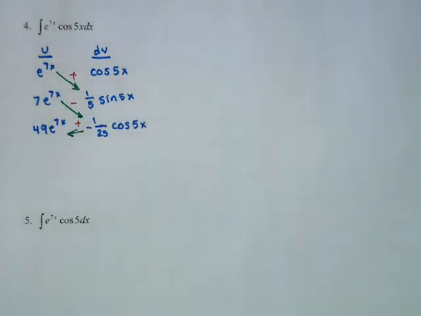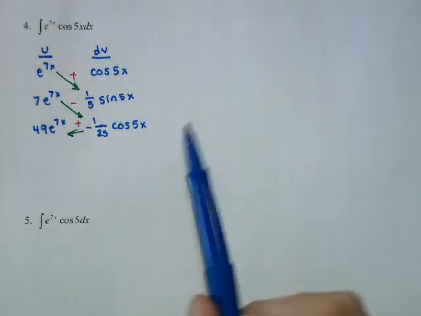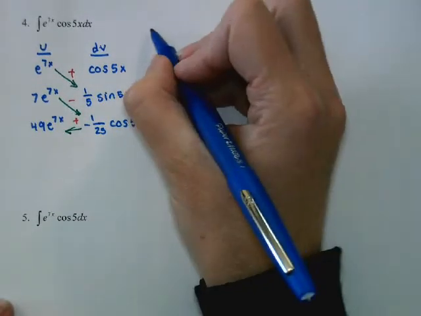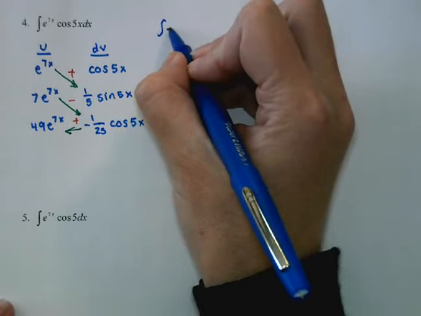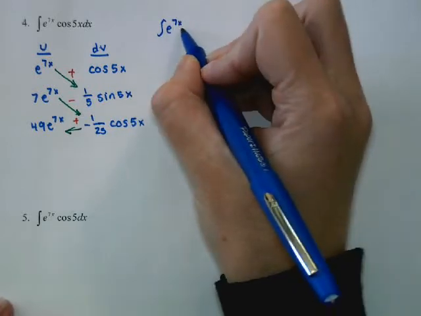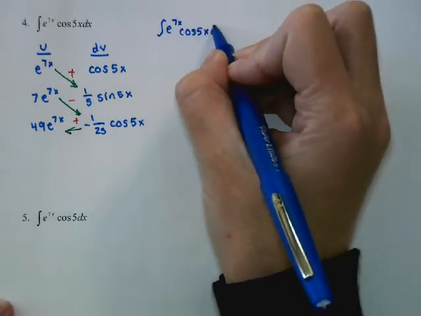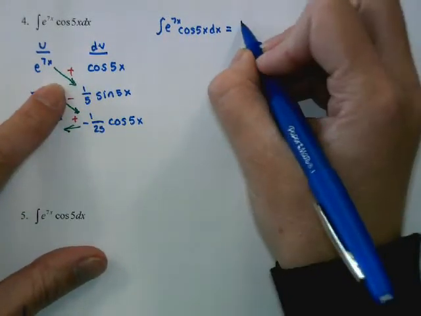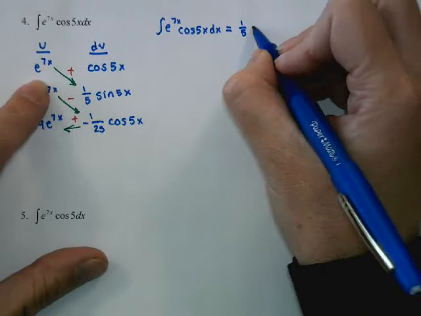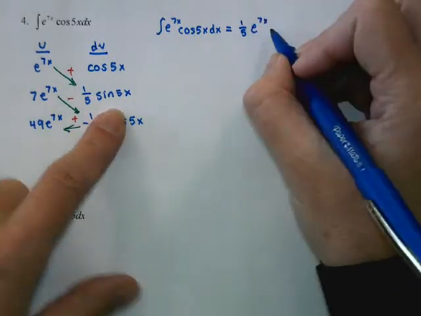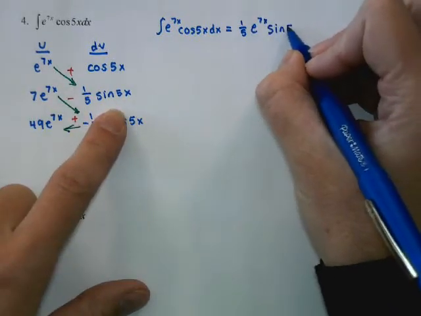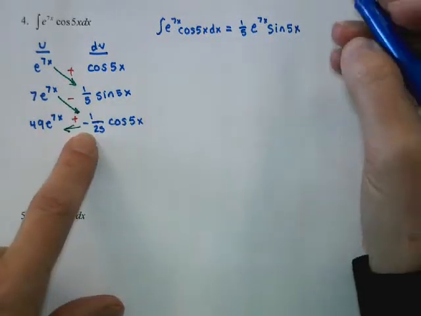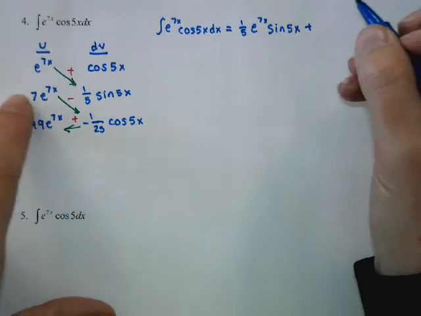Okay, and then we put this all together. But again, this is one where we're going to be adding over the integral. So we're going to have the integral of e to the 7x cosine 5x is equal to, we've got 1/5 e to the 7x times sine 5x. A minus minus, so this next one's going to be plus. I'm going to go ahead and combine.